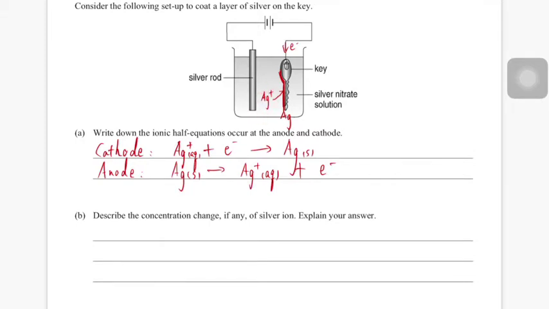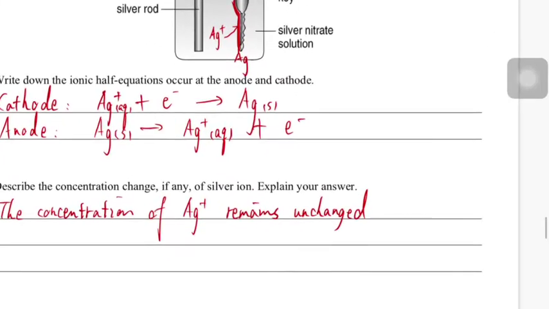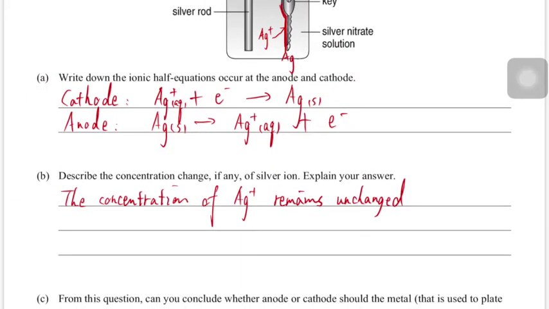So overall, the concentration of silver ions remains unchanged, as the rate of forming silver ions at the anode is the same as the rate of consuming silver ions at the cathode.